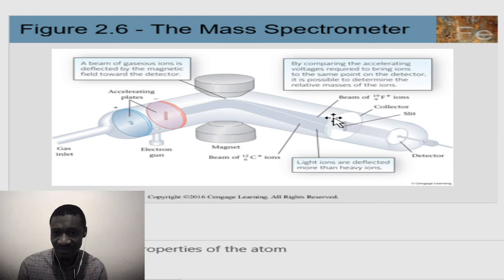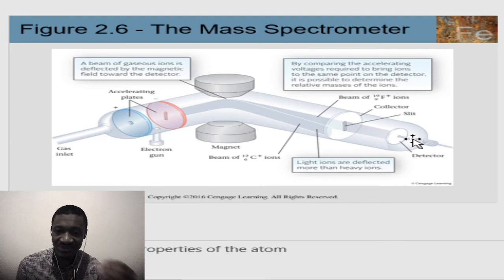How this happens is that we know the mass, which invariably tells you the speed at which the ion gets through and hits the detector, and then there's a mass calculation done on the basis of the voltage and all of those things.